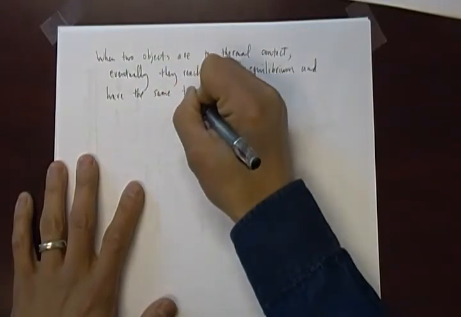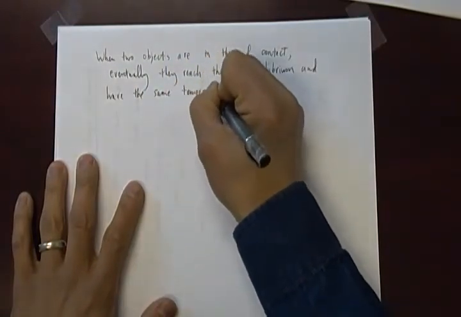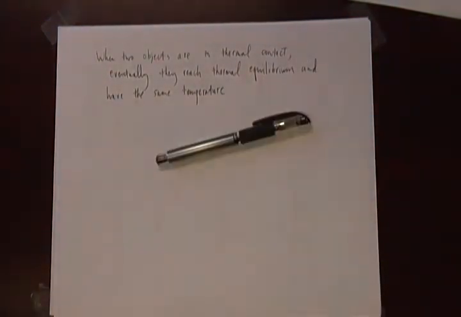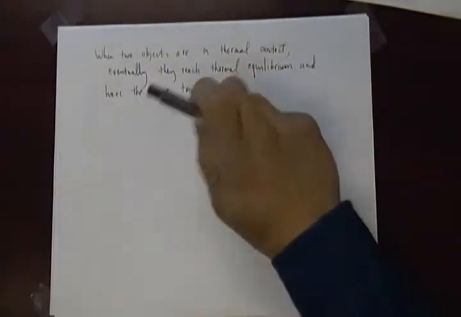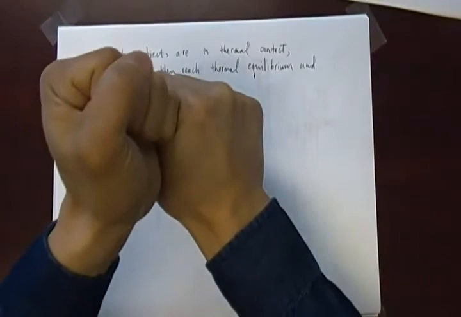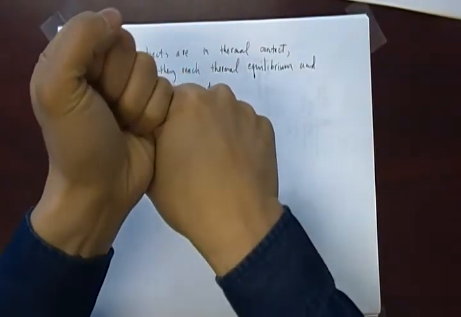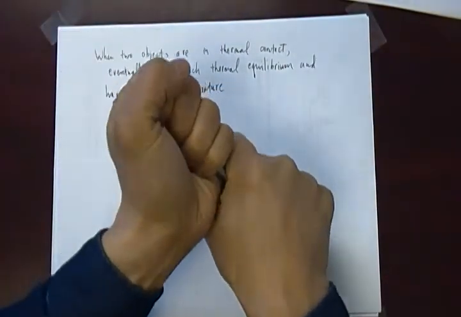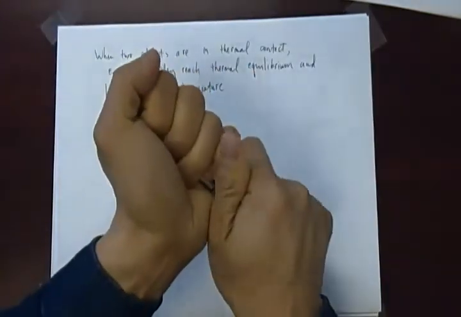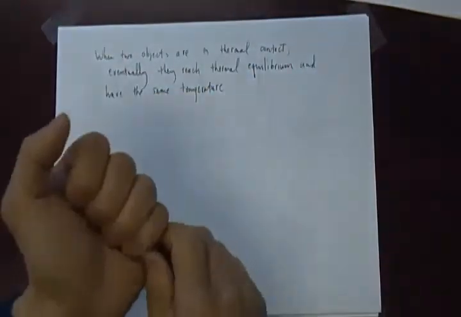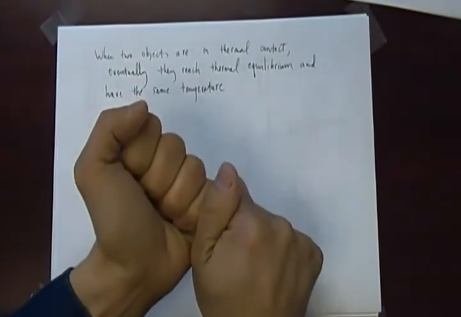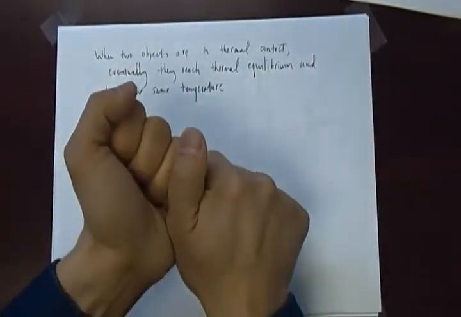You probably know this already. Suppose this pen has been sitting in the refrigerator for a while. It's kind of cold, right? Now I'm going to grab it and hold on to it. Eventually the pen, after a number of minutes, will have the same temperature as my body. That's what I'm talking about. There's a thermal equilibrium going on here because I'm in contact with the pen.